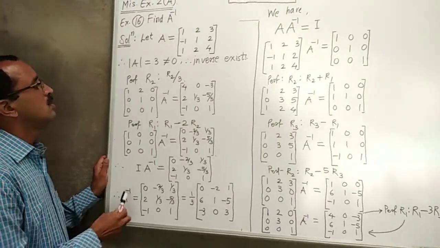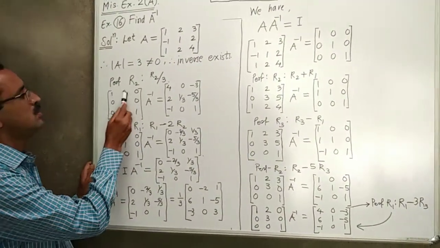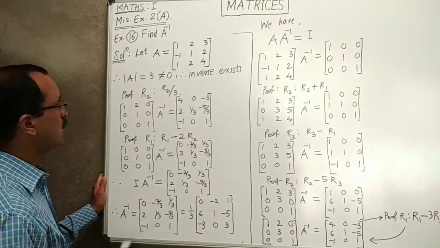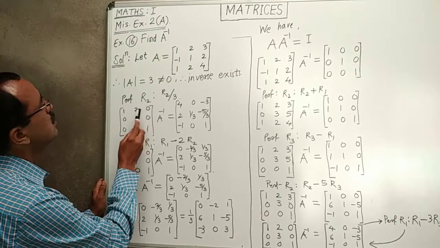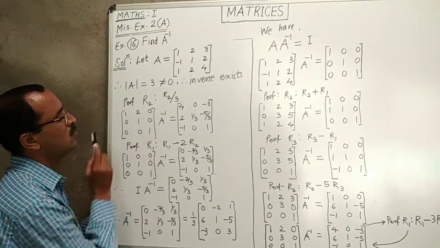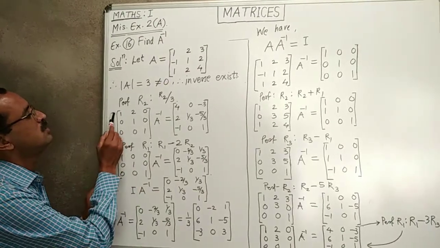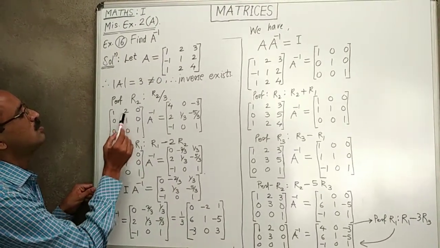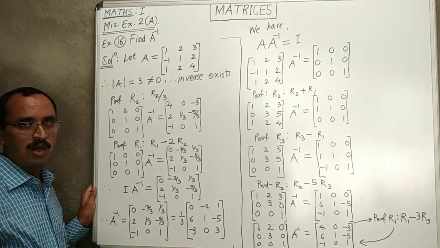Now we convert this 2 element into 0. So I use the transformation R1 minus 2R2, which means we have to change R1 accordingly.